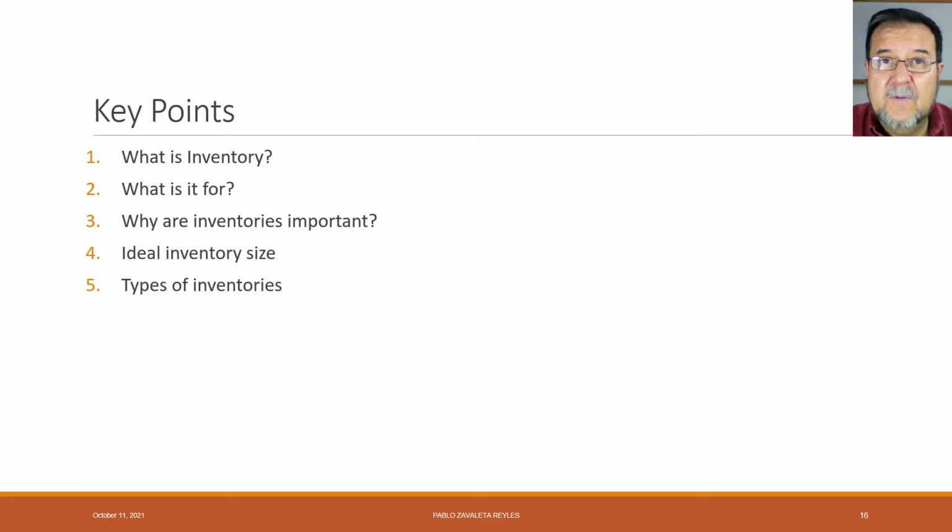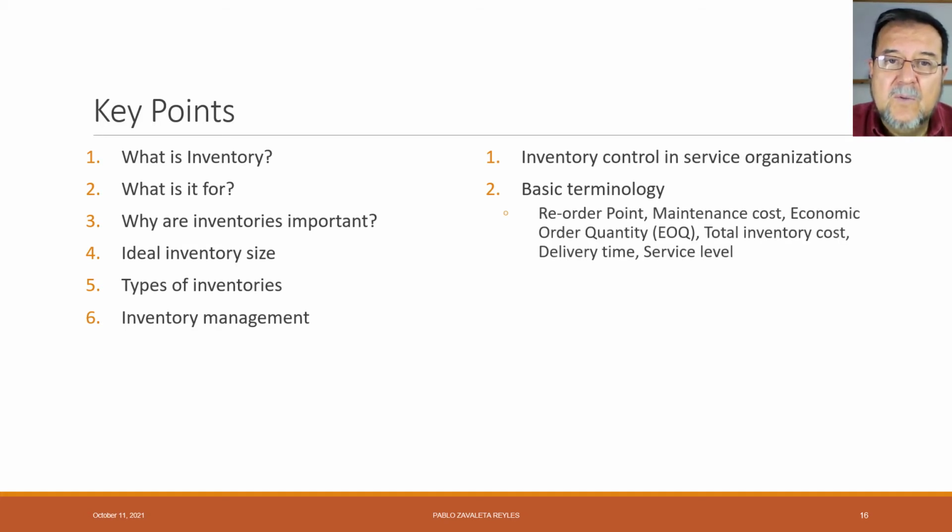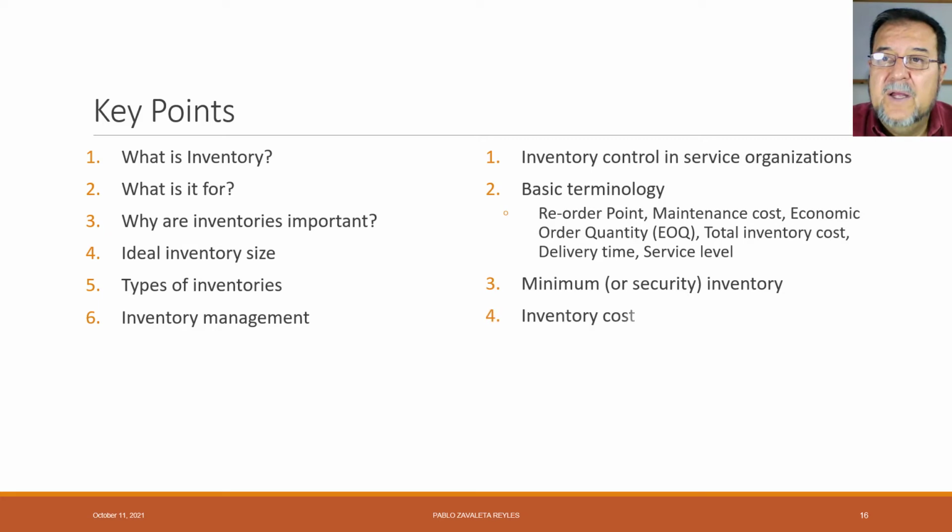The types of inventory: supplies, work in progress, products, materials, repairs and maintenance, inventory management, inventory controls in service organizations, basic terminology: reorder point, maintenance cost, economic order quantity, total inventory, etc. Minimum or security inventory, inventory cost, and some inventory models.